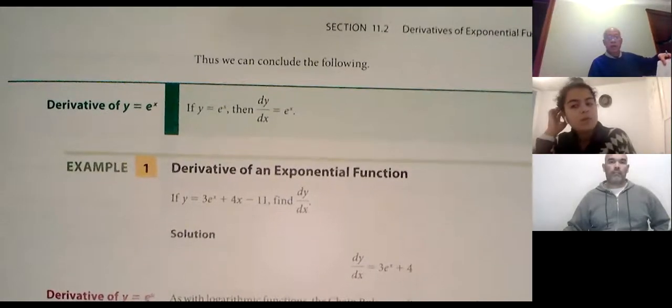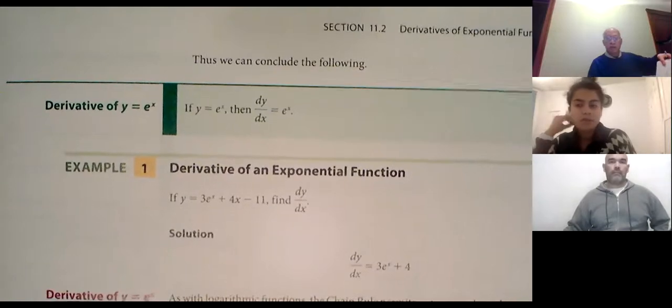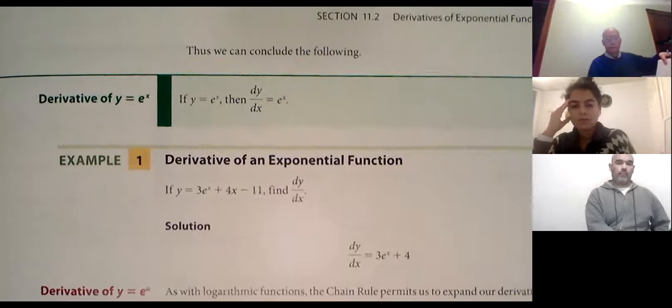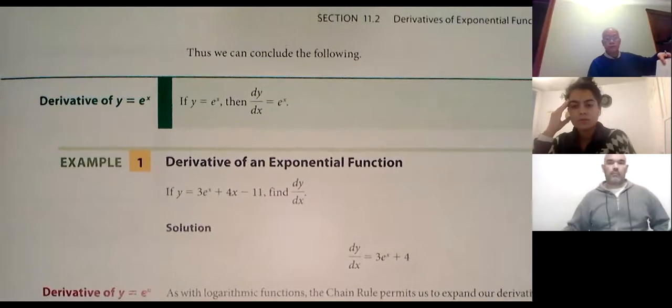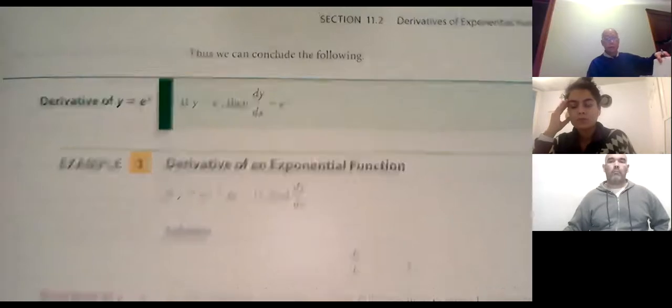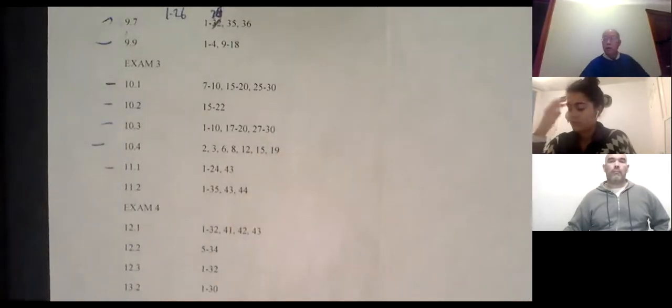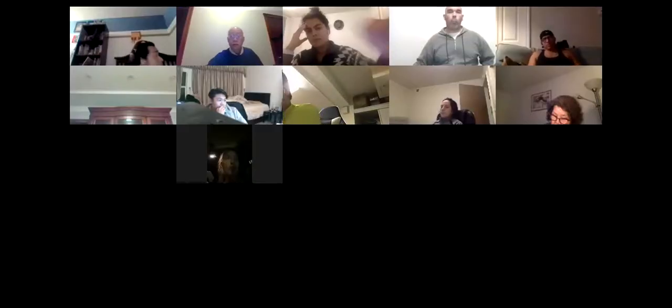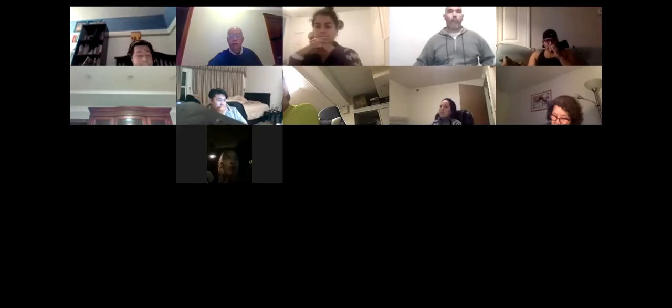If y equals e to the x, dy dx is also e to the x. So e to the x is its own derivative. Okay. All right. Any other questions? Otherwise, we'll go straight to the quiz.